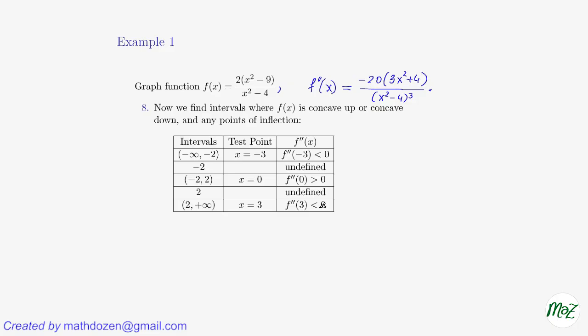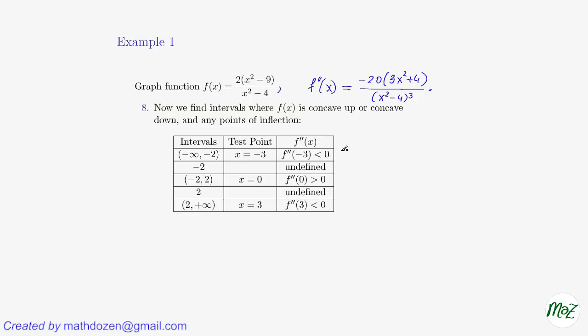We put negative 3 in, and the numerator will always be negative, because 3x squared plus 4 is always positive, and negative 20 times that is a negative number. And then x squared becomes 9, minus 4 is positive 5, so we get negative numerator and positive denominator here, hence the whole result is negative.